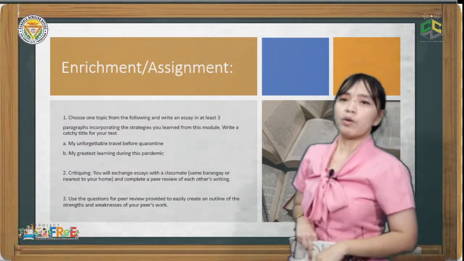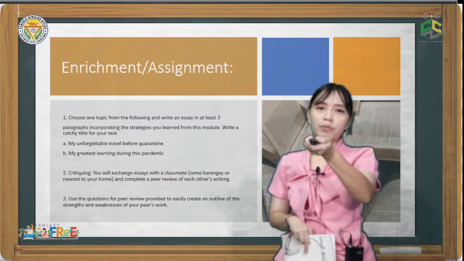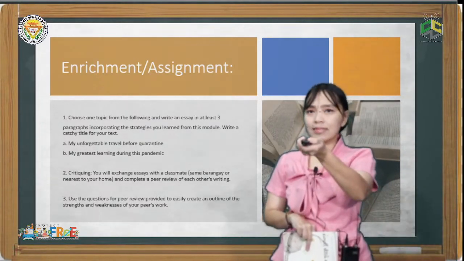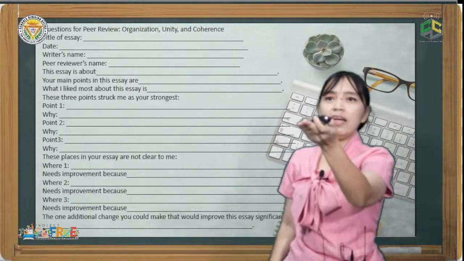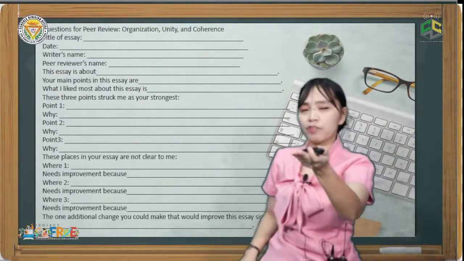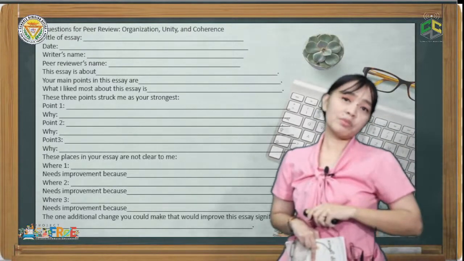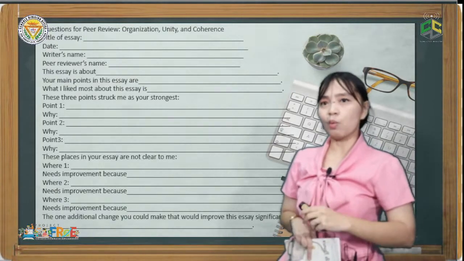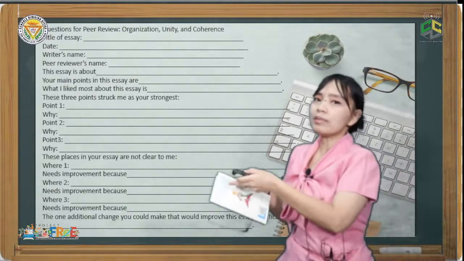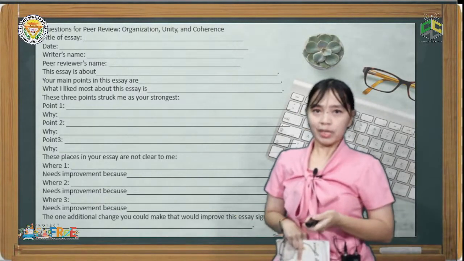And of course, you're going to use the questions for peer review that I have provided for you today. This is the one that we're going to use for you to be able to do the peer review. I'll be posting this as well on the Creative Nonfiction page for you to have an idea on what you're going to do as you criticize intelligently the work of your classmate. Okay?